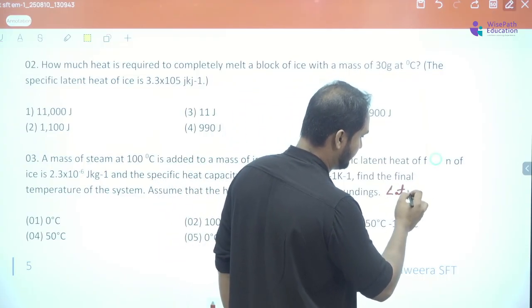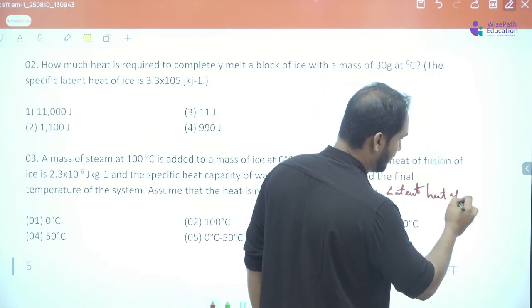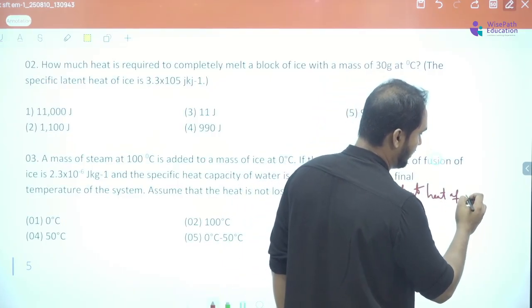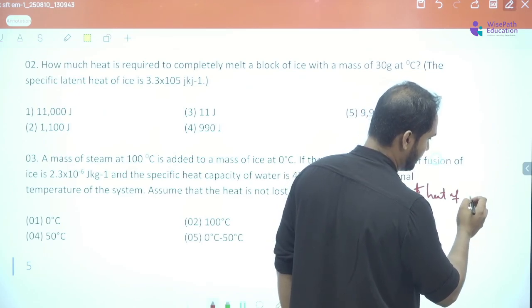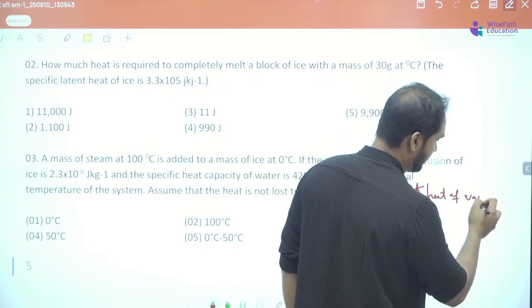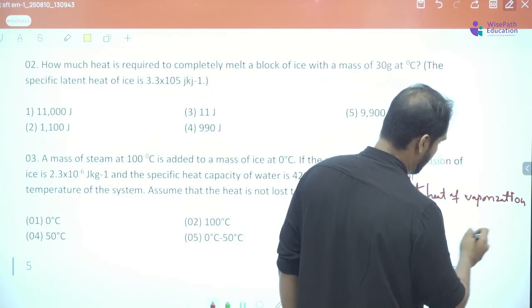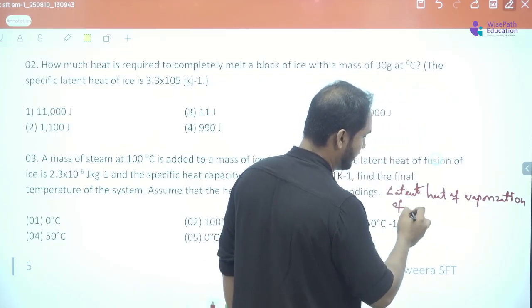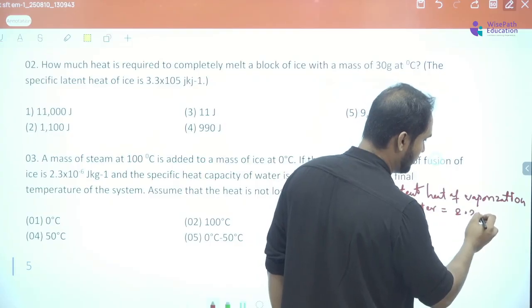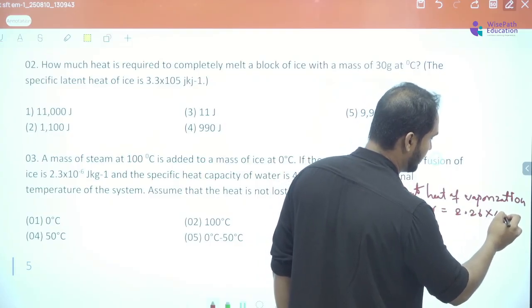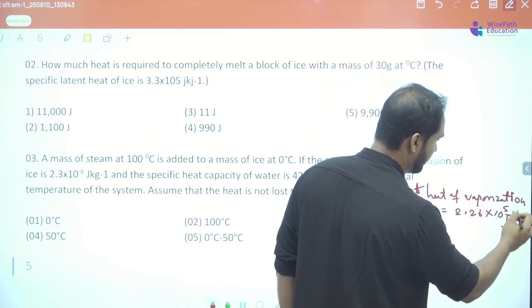Latent heat of evaporation, sorry, vaporization of water equals 2.26 into 10 to the power 5 joules per kilogram.